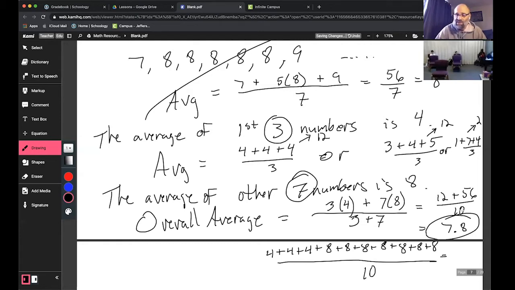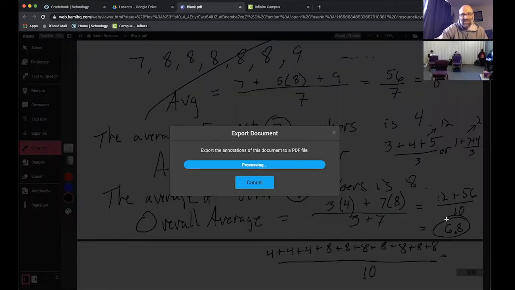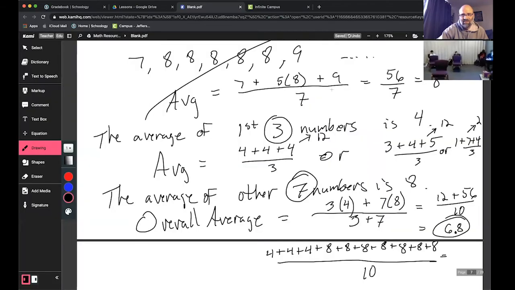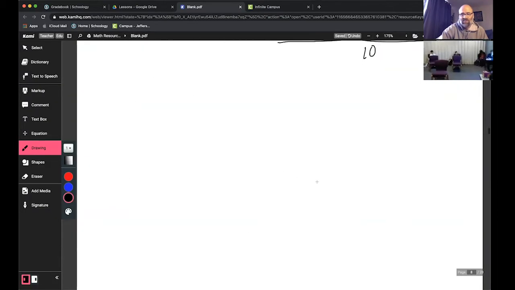Because 12 plus 56 is, nope, 6.8. 12 plus 56 is 68, divided by 10 is 6.8. So these problems are pretty easy because all you're doing is just writing out the problem with this overall average problem.